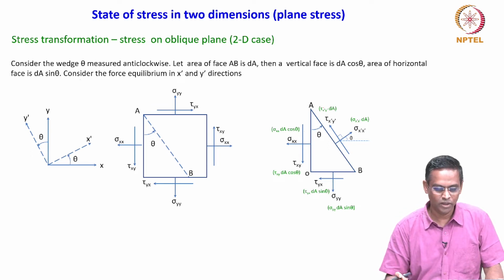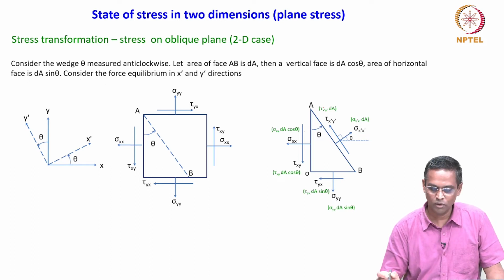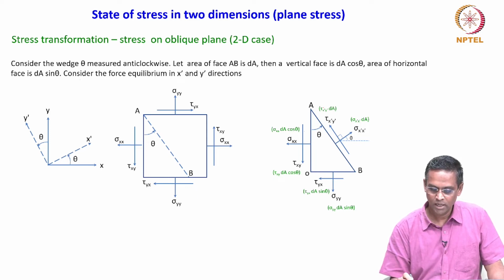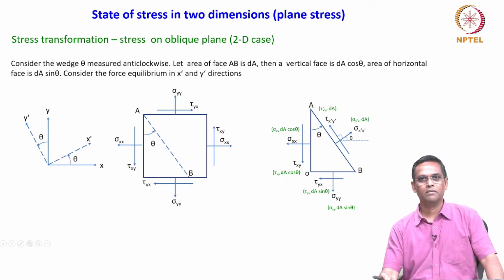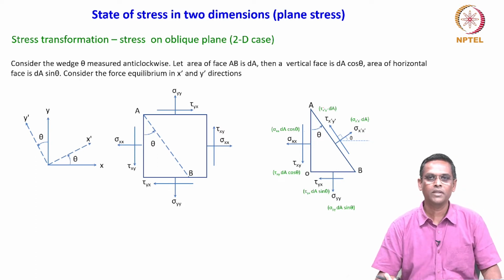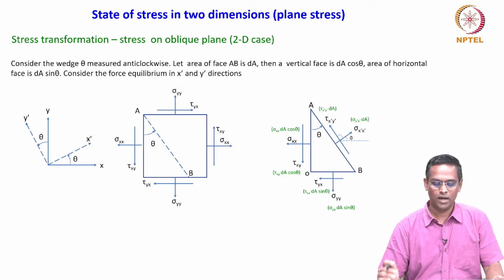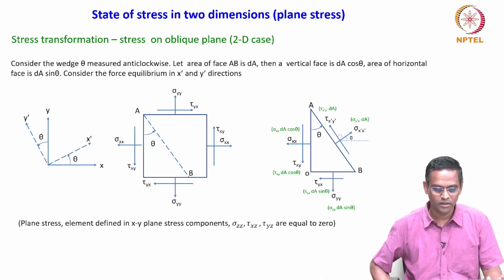Do not get confused. You can look at this geometry once again. For your convenience, I have put all of them in different colors, so that it directly gives the force. When you say that the object is in static equilibrium, then the net force is 0, right. That is what we are going to do.